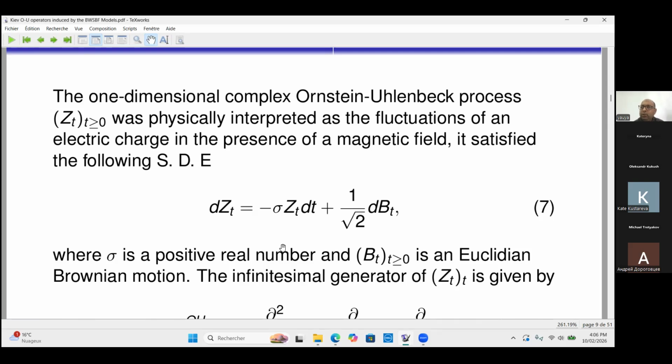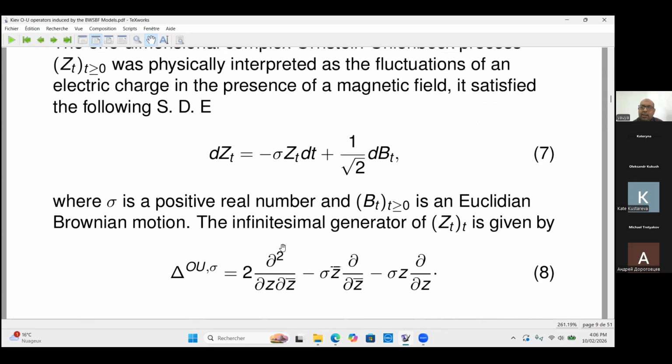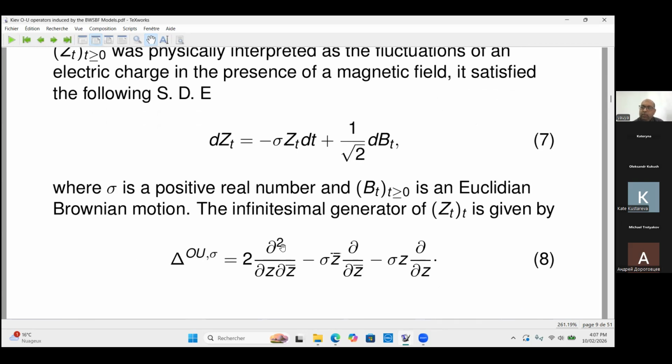Sorry, here I haven't put the reference, but it is the last work of Chang Wang and Liu Yong in 2012, I think. They studied eigenvalues and eigenfunctions related to this complex Ornstein-Uhlenbeck operator, and they cited in their work that this process was first investigated by Kolmogorov in his work on perturbation theory.